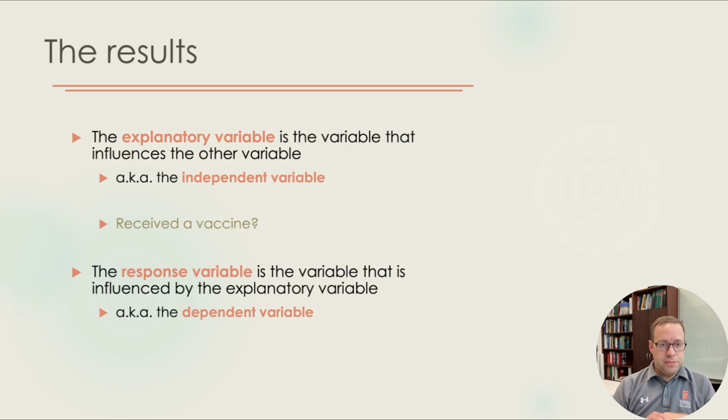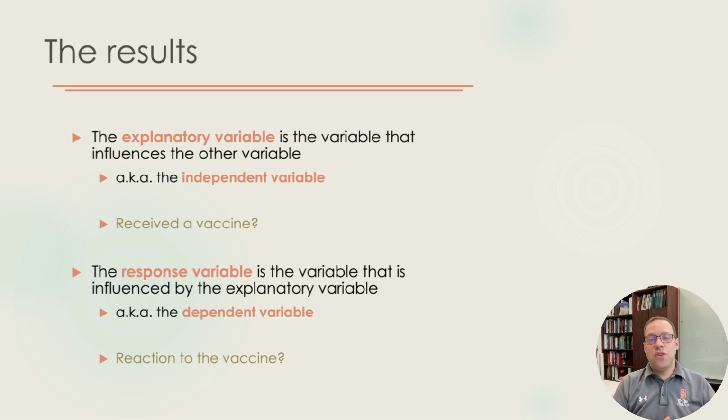Here's another example. Did you receive a vaccine, or what was your reaction to the vaccine? Those are your two variables. Is it more likely that receiving a vaccine is going to influence your reaction, or will your reaction to the vaccine influence whether you received it or not? In that case, the second option is ridiculous. You're not going to determine if you got the vaccine or not. Let me make sure I'm clear on this.